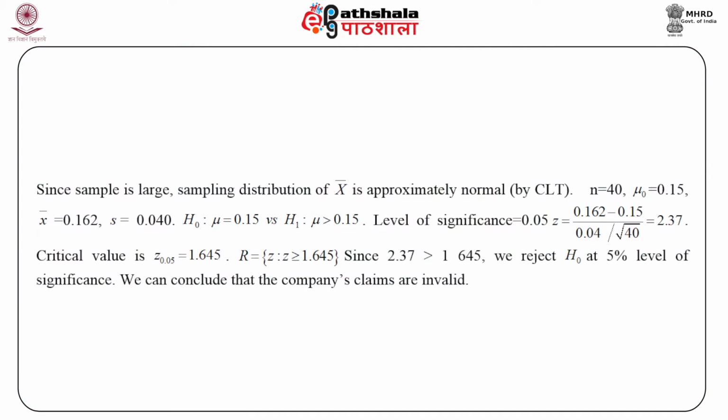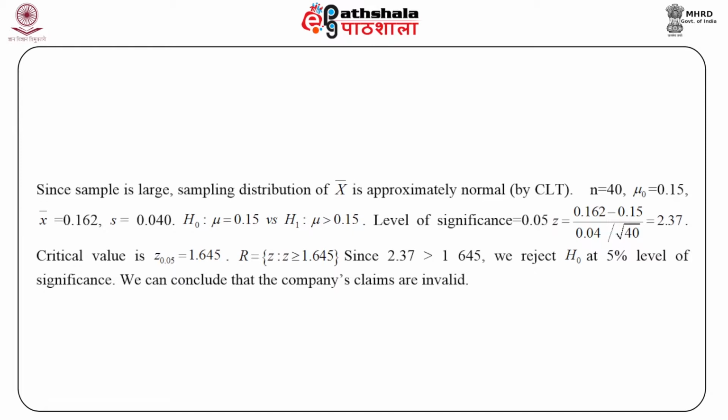Let's see the solution. Since the sample is large, the sampling distribution of x bar is approximately normal by the central limit theorem. Now, n is 40, mu 0 we know is 0.15, x bar is 0.162, s is 0.040. And what is the null hypothesis?